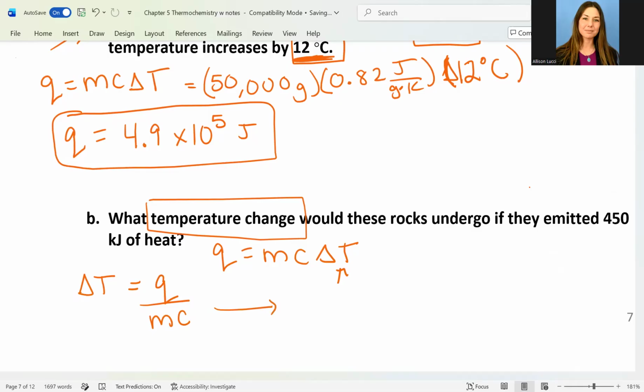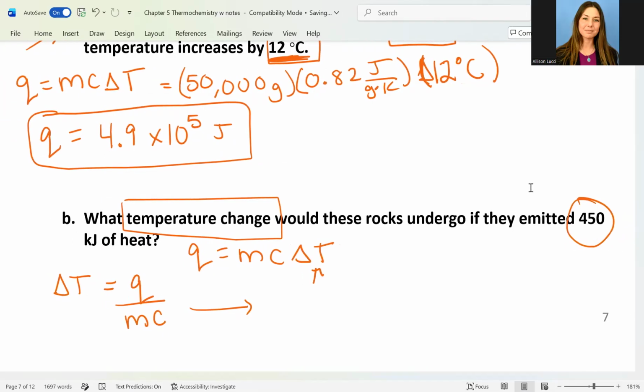We're told that the rocks are emitting 450 kilojoules of heat. That value is given in kilojoules, but again, due to my units being joules per gram Celsius or Kelvin, I'm going to convert this to joules instead of kilojoules. So that will be 450,000 joules.